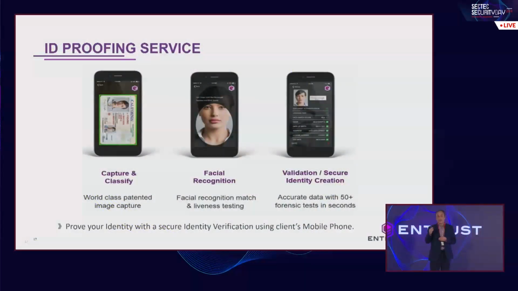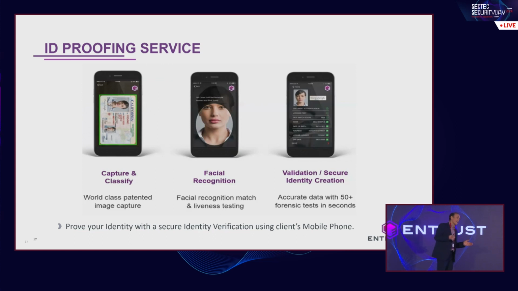ID proofing. So now we've established that the device is a trusted device. Now we need to start identifying who that person is, and remote access management. There are multiple ways this can be deployed, but we'll just quickly run through how we see it. First of all, we take a document.